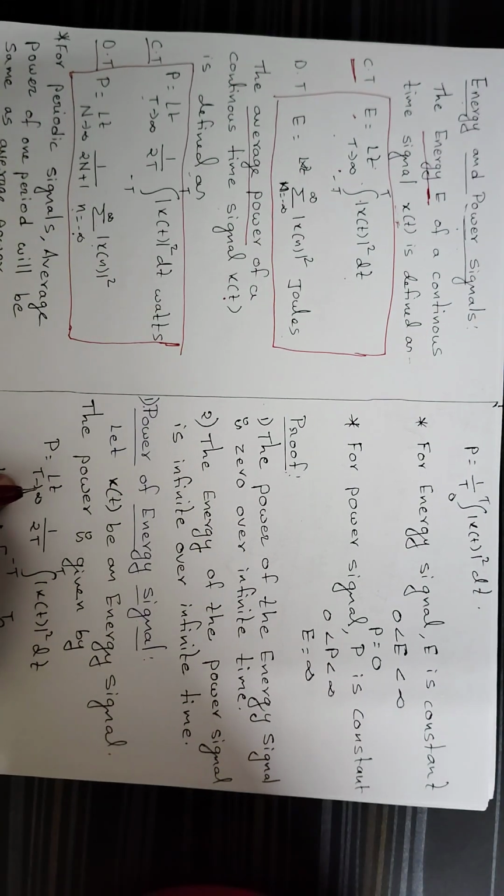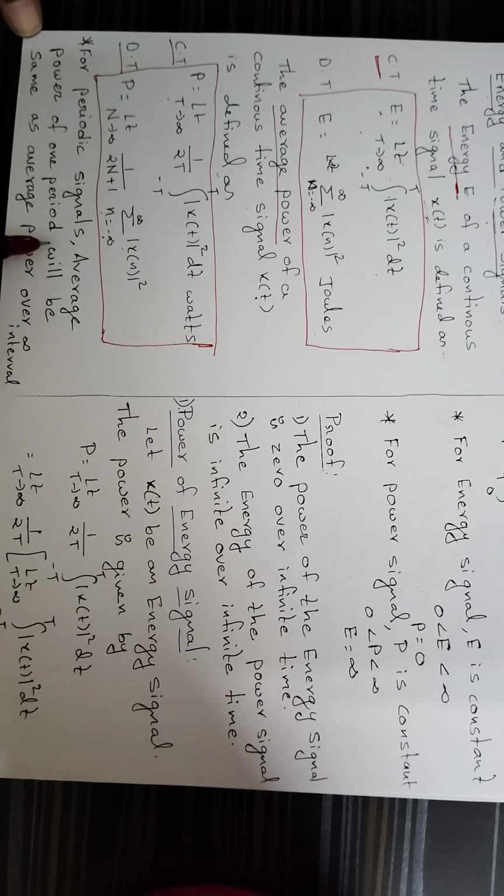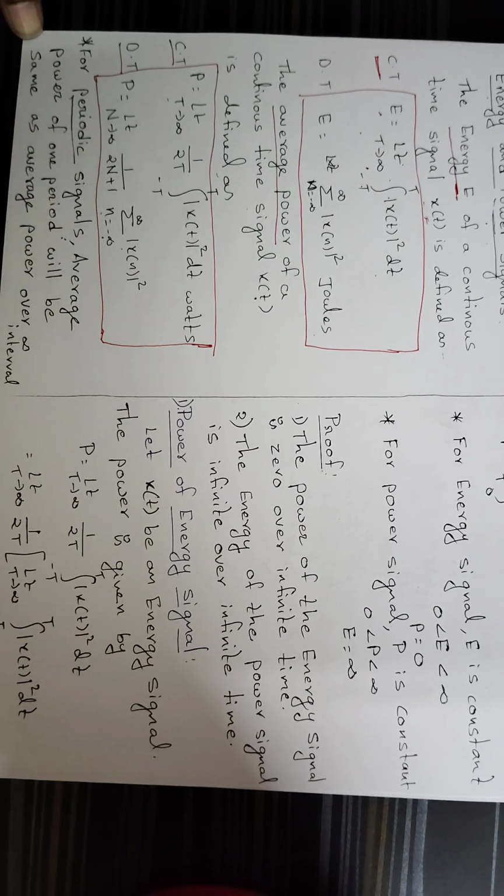One more important point: for periodic signals, we have already discussed the meaning of periodic, that is, a signal which repeats after a certain interval of time. For that type of signal, the average power of one period will be the same as the average power over an infinite interval.